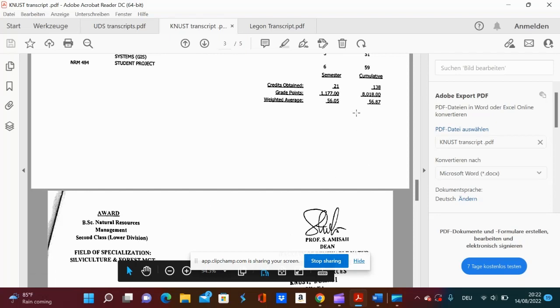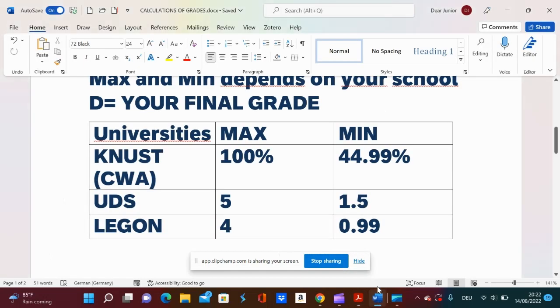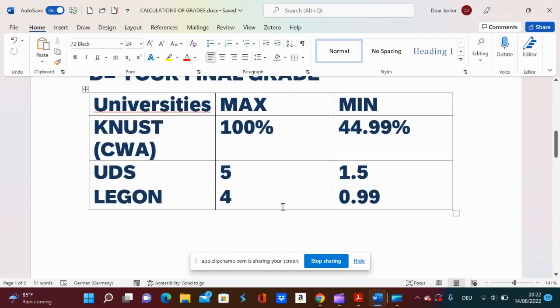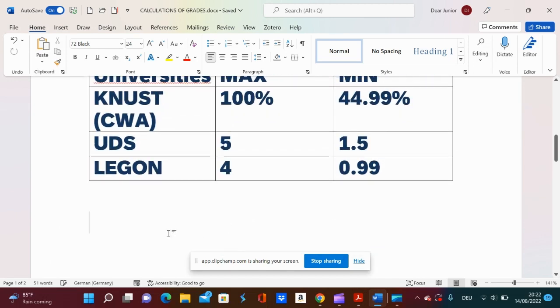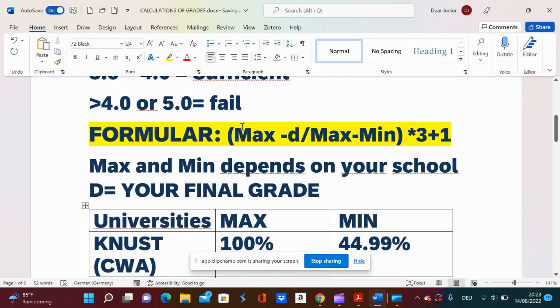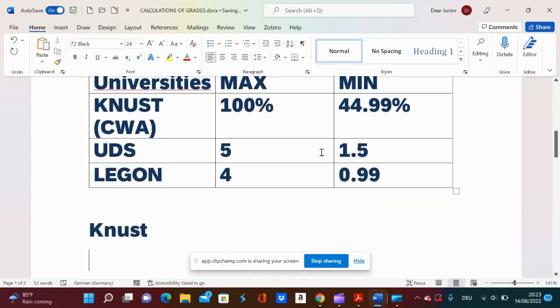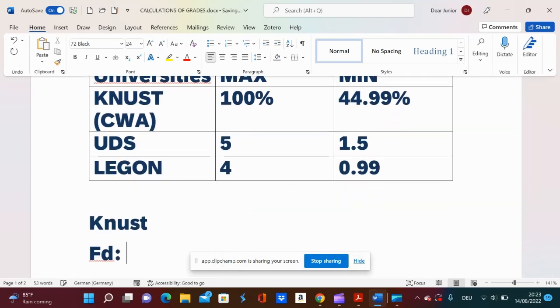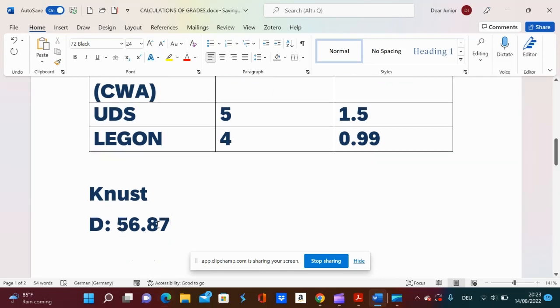So let's do the calculations together. 56.87. We'll do the calculation for KNUST, so let's take the formula into consideration. The person had 56.87 as the final grade.